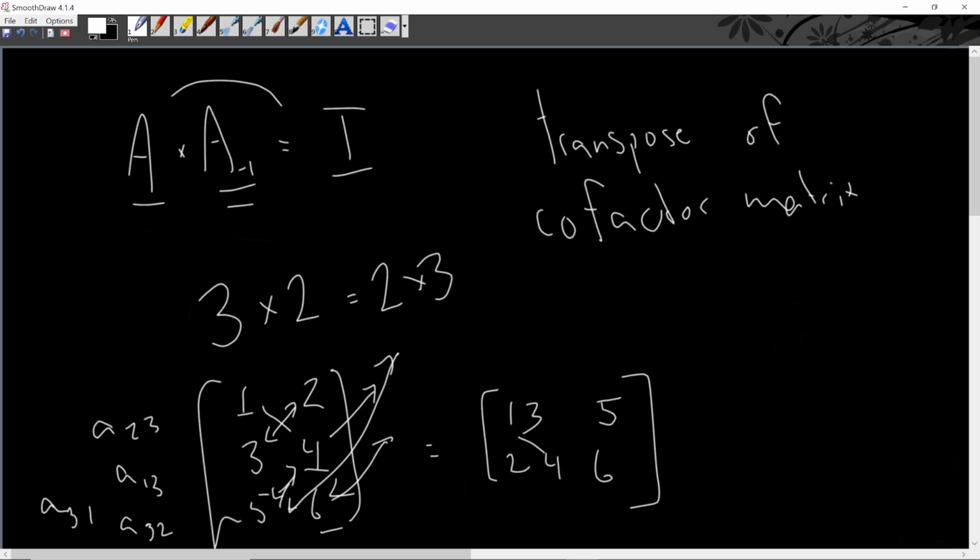This main diagonal is still the same, but this is what, A2,1? We made 3, which was A2,1 originally before we did the transpose.